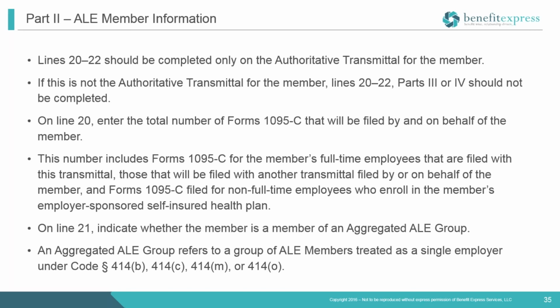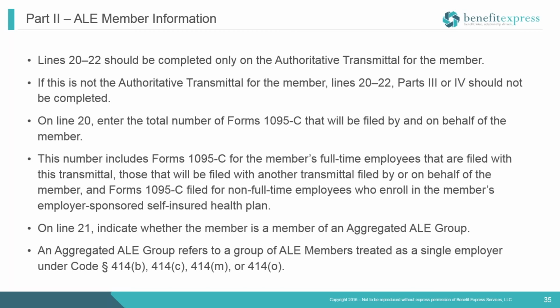On line 20, you enter the total number of 1095-Cs, and this number includes the 1095-Cs for the full-time people. And on line 21, you have to indicate if you're a member of a control group. If line 21 is completed, then you would have to complete part 4 of the 1094-C.